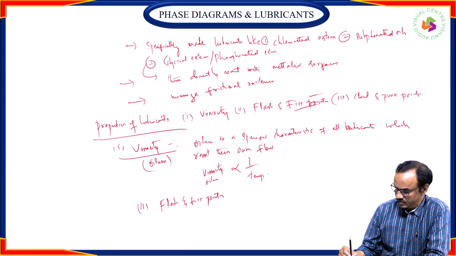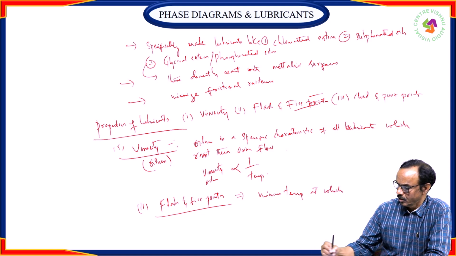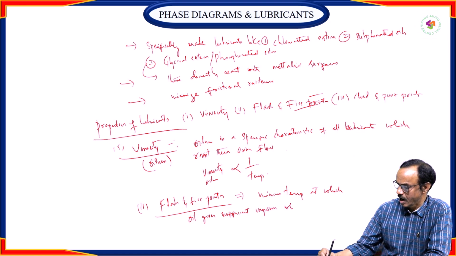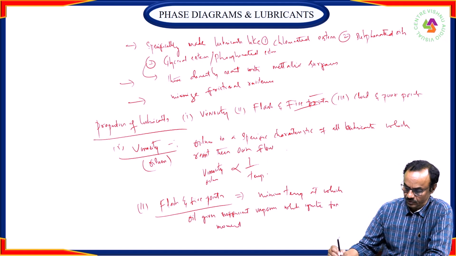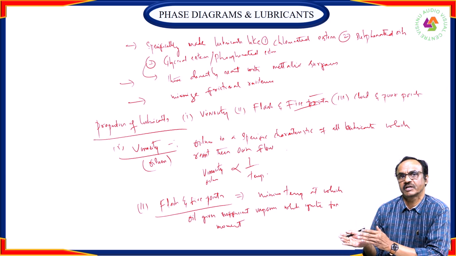Flash point is the minimum temperature at which oil gives sufficient vapors which ignite for a moment. That indicates vapors are formed but have yet to combine with oxygen and burn completely. That is called flash point.